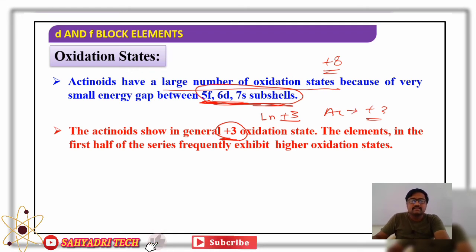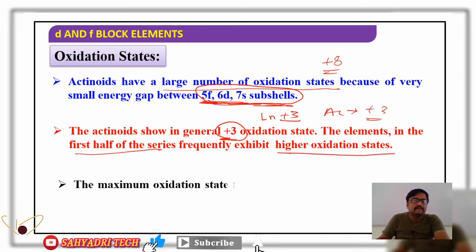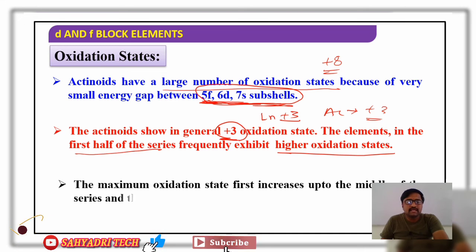The elements in the first half of the series frequently exhibit higher oxidation states. The maximum oxidation state first increases up to the middle of each series and then decreases.